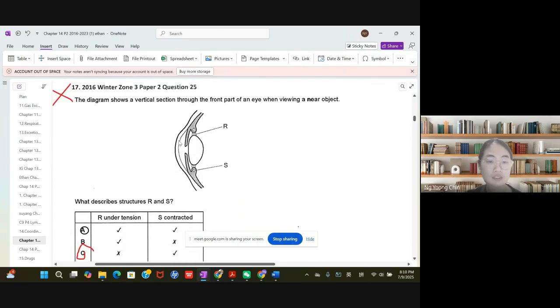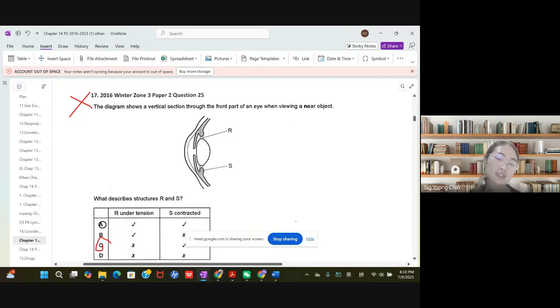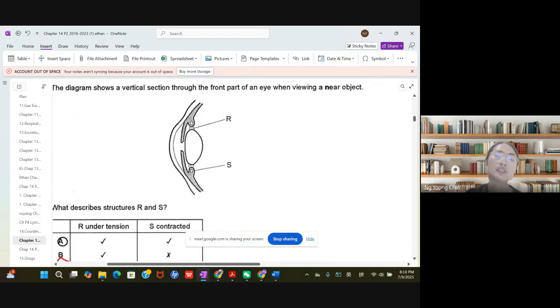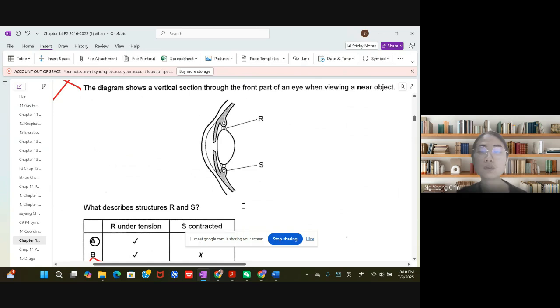And then for this one, this is an eye. What happens in this eye is that you see the lens. The lens is able to change its thickness, meaning it can become thin or become thick. If you are viewing a near object, what happens to the lens?